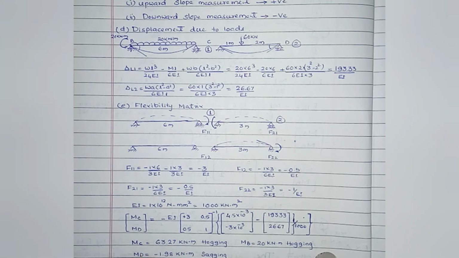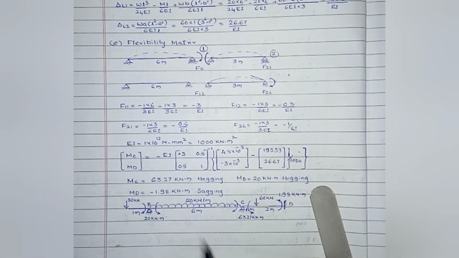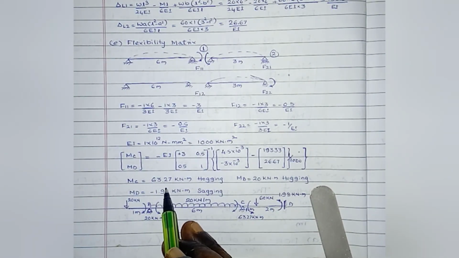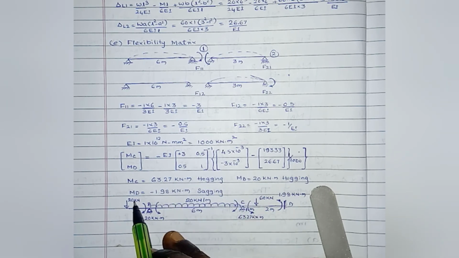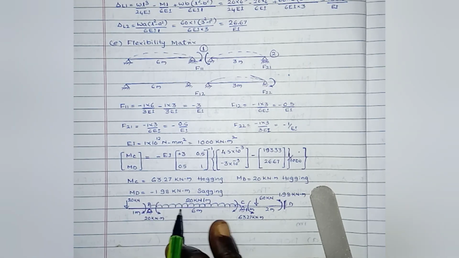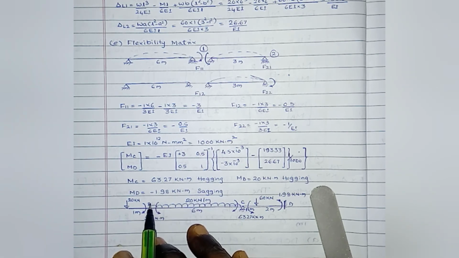Here the answer is positive, that means the moment is hogging. Similarly, MD equals minus 1.98 kilonewton meter, that is sagging, since the answer is negative.